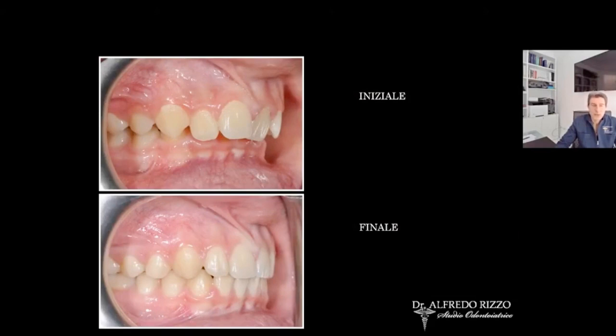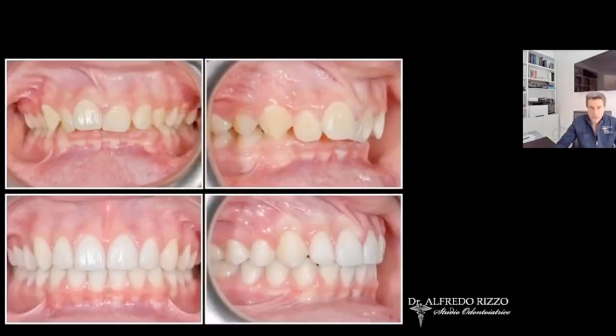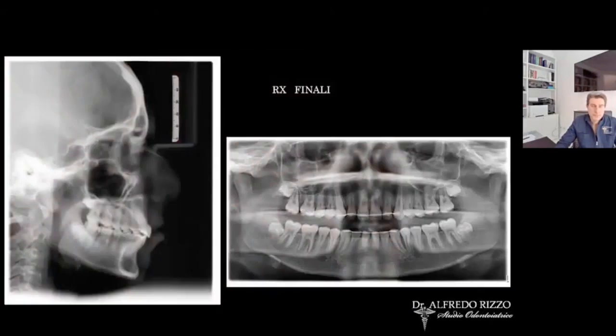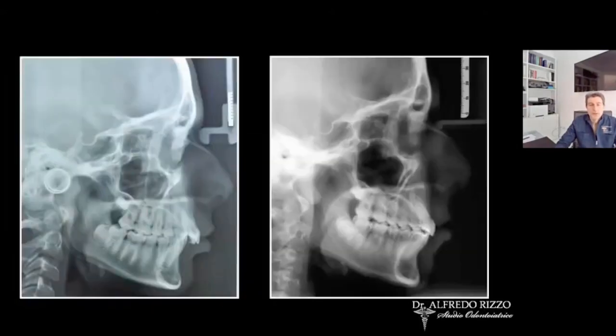We can appreciate the changes that have occurred in the upper jaw, about how it went higher of the occlusal plane, and the position of the incisors relative to the occlusal plane is now correct. Before and after. And the final follow-up X-rays, comparing the cephalometric X-rays before and after the treatment.